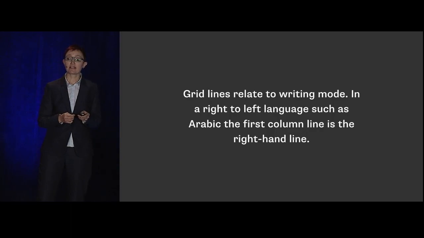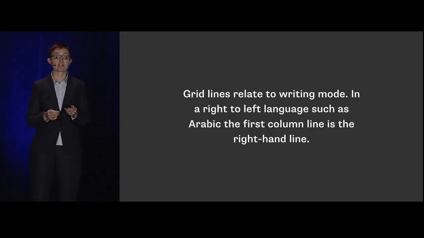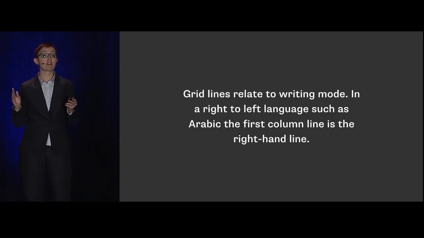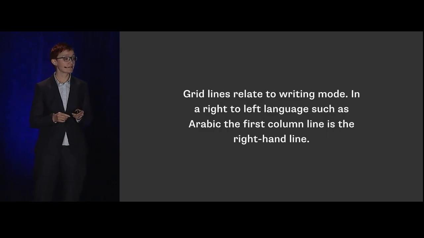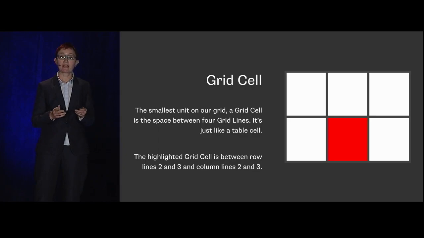And those lines are indexed according to writing mode. So in a right-to-left language like Arabic, the first column line would be on the right rather than on the left. And then we have grid cells. We've already seen Grid laying items out into cells, and that's the smallest unit on the grid. It's conceptually a bit like a table cell.